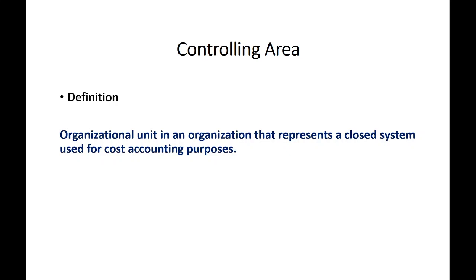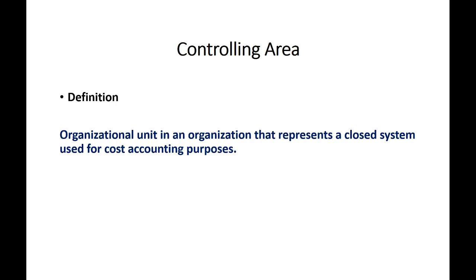First of all, it's a unit in an organization, and closed system means that it is used to report internally within the organization, not used for external reporting like the financial aspects of accounting. So the cost accounting area or the managerial accounting area is not required to report externally.